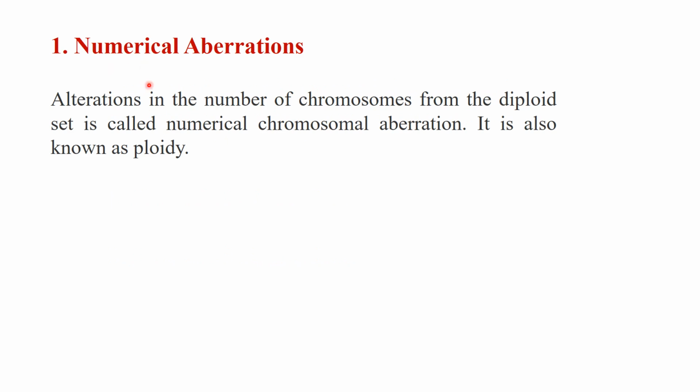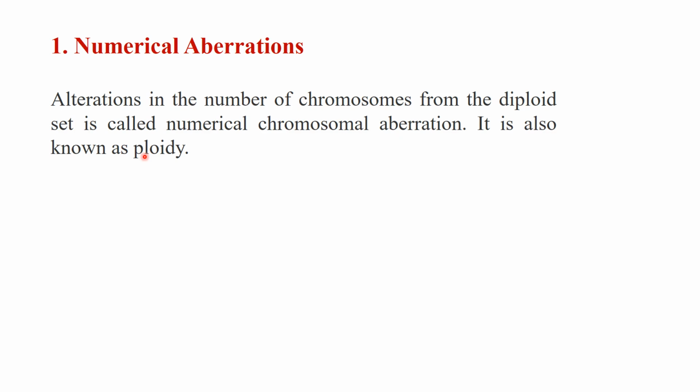Numerical aberration, that is alteration in the number of chromosomes from the diploid set, is called numerical chromosomal aberration. It is also known as polyploidy. When the number of chromosomes is deviated from the normal number present in the cell of an organism, that condition is called numerical aberration.